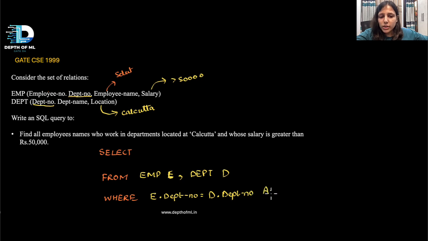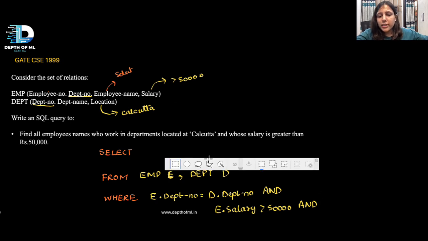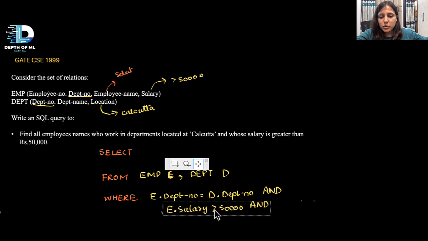Now I can do other conditions, which are the salary, which is E dot salary should be greater than 50,000, and the other condition is the location, which is D dot location, right? That D dot location should be Calcutta. So I will move this a little to the left.